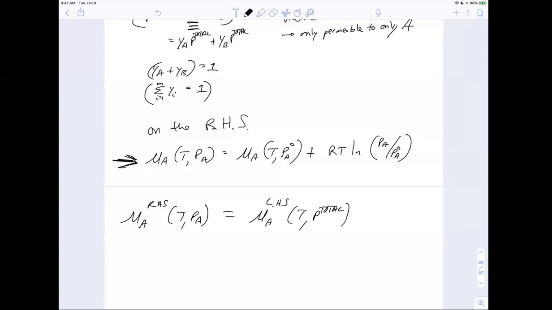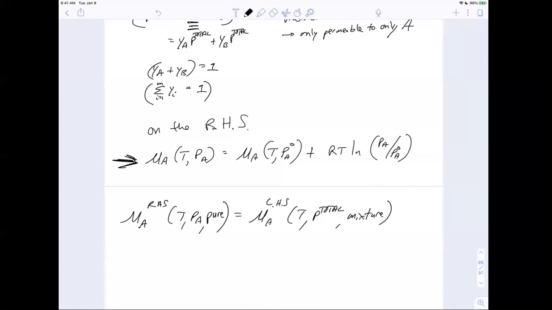We have a total pressure now, which is the partial pressure of A and the partial pressure of B. Let me make it a little bit more clear so that when you go back, on the right-hand side we have T, partial pressure of A, and we have pure A. And on the left-hand side, we have a mixture. Just to make sure. But of course, we know that since A doesn't see anything in the system, the chemical potential of the two A's has to be the same. All right, any questions or comments on that?